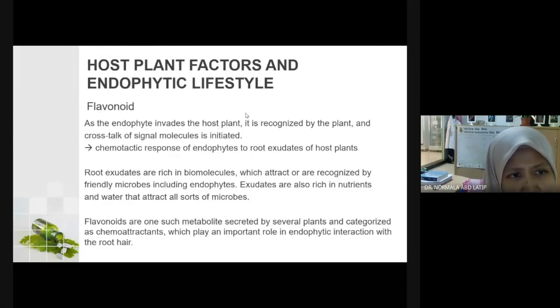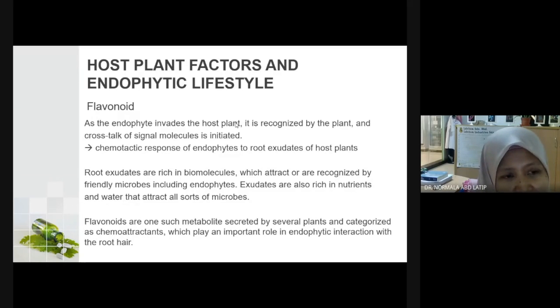Now, about the lifestyle of endophytes, how they get a mutualistic agreement with their host plants by producing flavonoids. The root of the plant is very rich in biomolecules, and the exudates of the plant are also rich in nutrients and water.